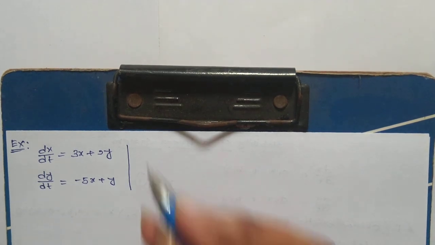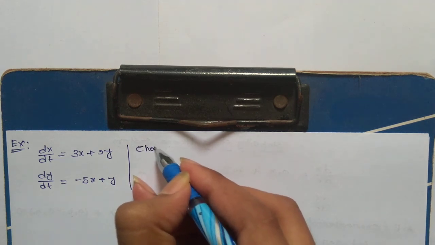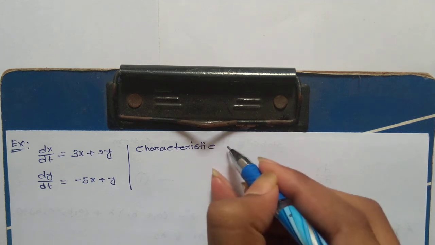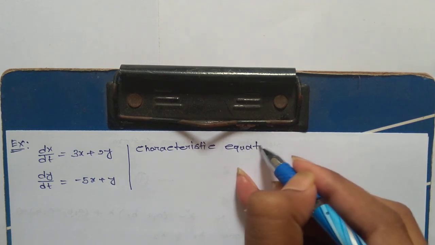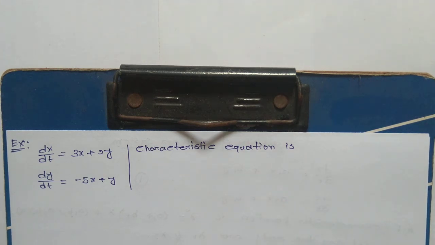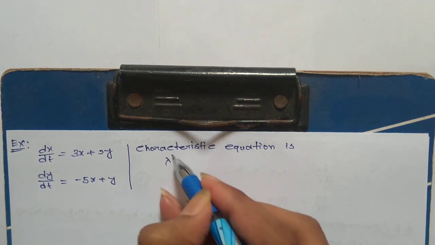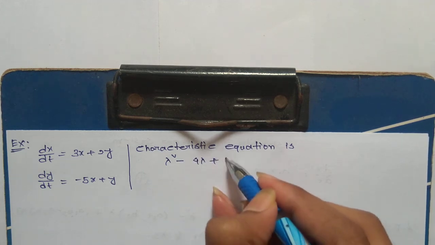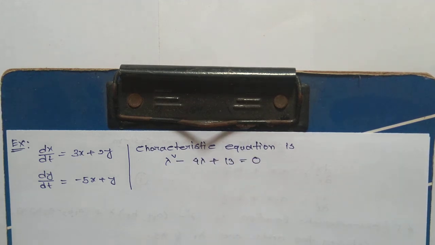The characteristic equation is lambda squared minus 4 lambda plus 13 equals 0.